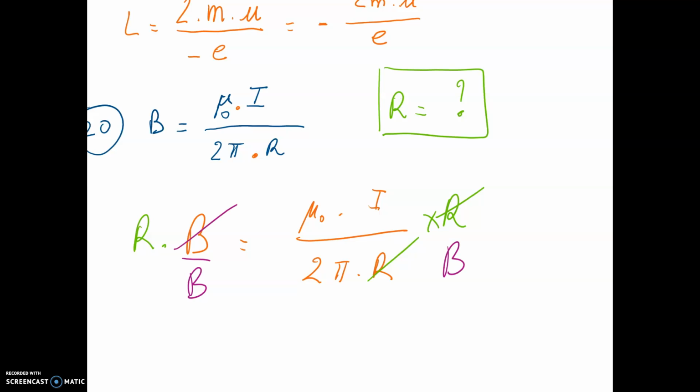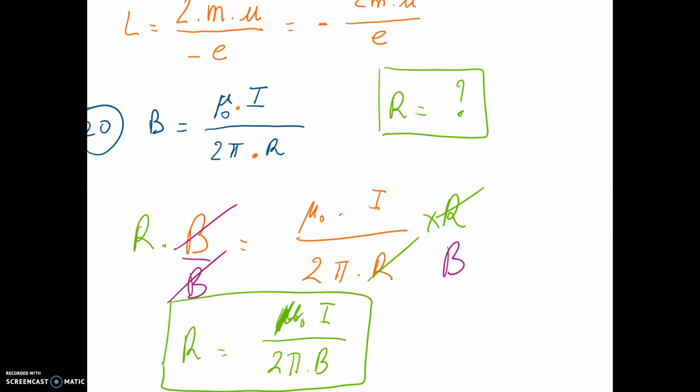And when I divide by b both sides, b divides out on the left side of my equation. And now r equals mu 0 I over 2 pi times b. Okay?